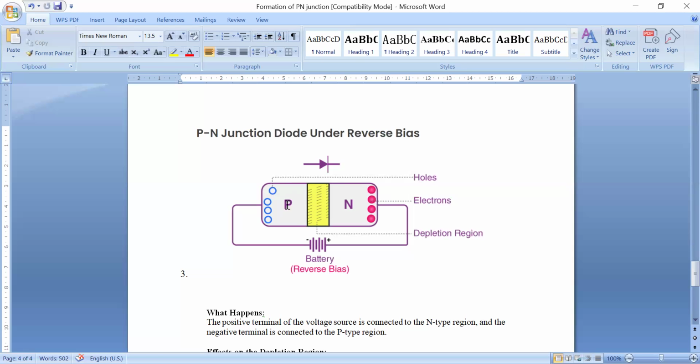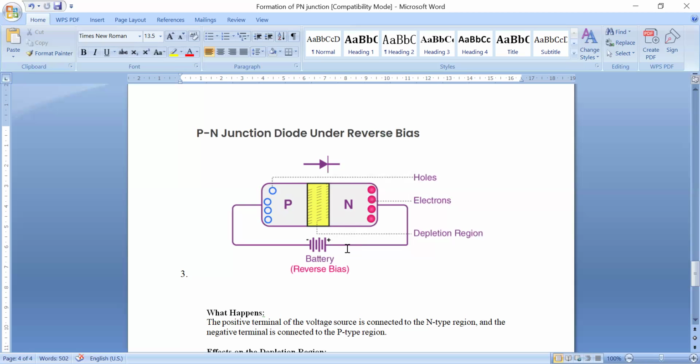The electrons from p, the minority carrier, will cross the junction and come towards the positive terminal of the battery. Due to the minority carriers, a very small current, in the range of microamps, flows in the reverse biased PN junction. In this way, the PN junction blocks the current flow and acts as an insulator. However, a very small leakage current may still flow because of the minority carriers.